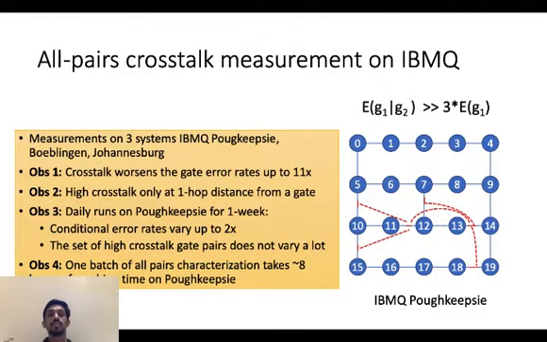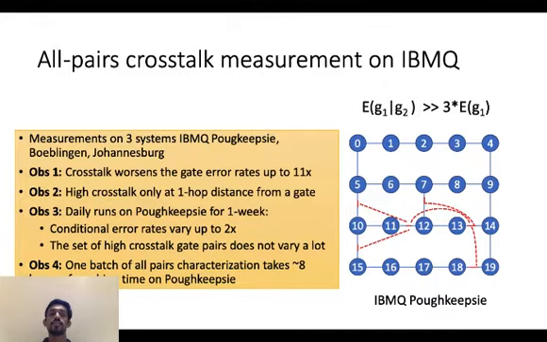We see that high crosstalk really occurs only at 1 hop distance from a gate. For example, the gate 11-12 has high crosstalk with 5-10, but not with 0-5 or with 1-2. We also ran these tests daily for 1 week, and we saw that the conditional error rates actually vary by about 2x. And interestingly, the set of high crosstalk pairs did not really change all that much.